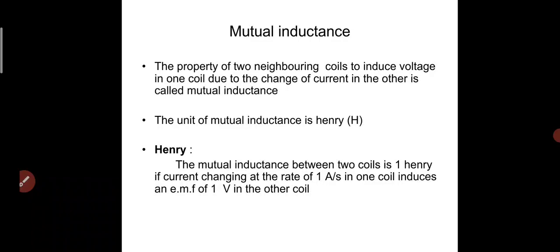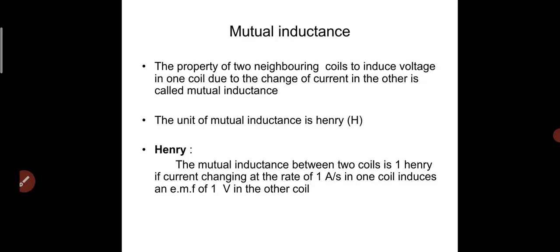So next topic is mutual inductance. The ability of one coil to induce an EMF in it due to change in current in the other coil is known as mutual inductance. The property of two neighboring coils to induce voltage in one coil due to the change of current in the other is called mutual inductance.